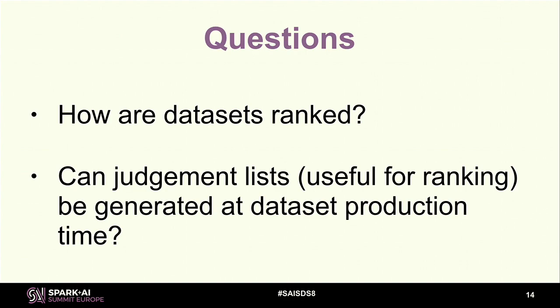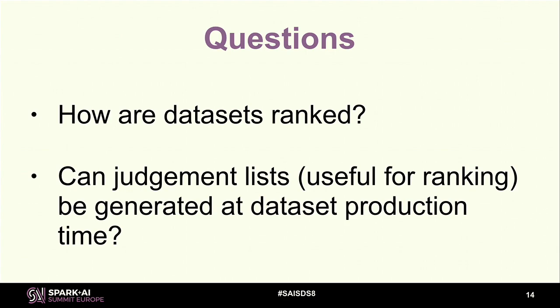First, a couple of questions. How are data sets usually ranked, or how are data sets really ranked? More specifically, can judgment lists, which are useful for ranking, be generated at dataset production time? This idea of extracting something at the time at which the dataset is produced is key both in the previous talk, which was focused on indexing, as well as in this talk, which is focused on ranking.